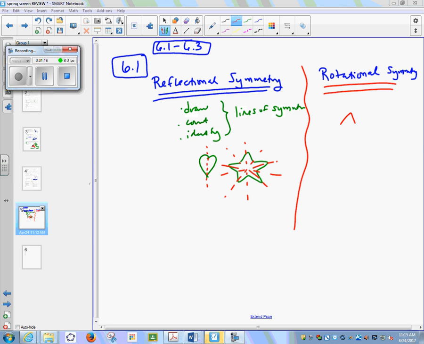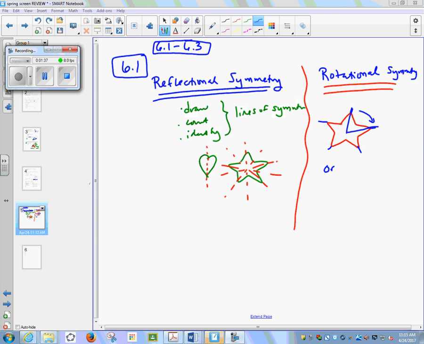Rotational symmetry is how many times a figure can rotate and look exactly the same as it did before you rotated it. So a star, for example, can have 5 positions, 1, 2, 3, 4, 5, where when you rotate it, it looks exactly the same.